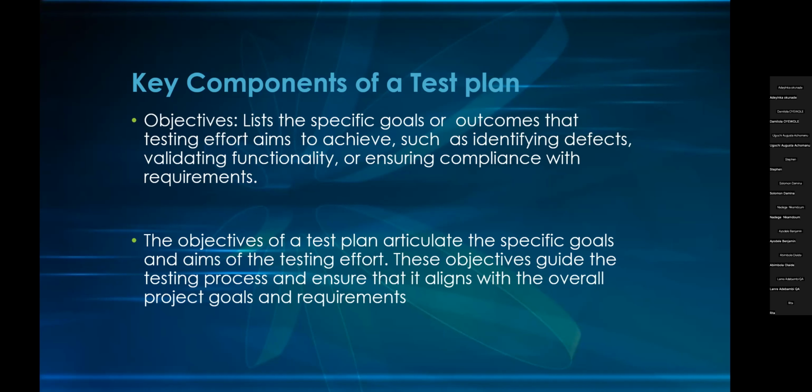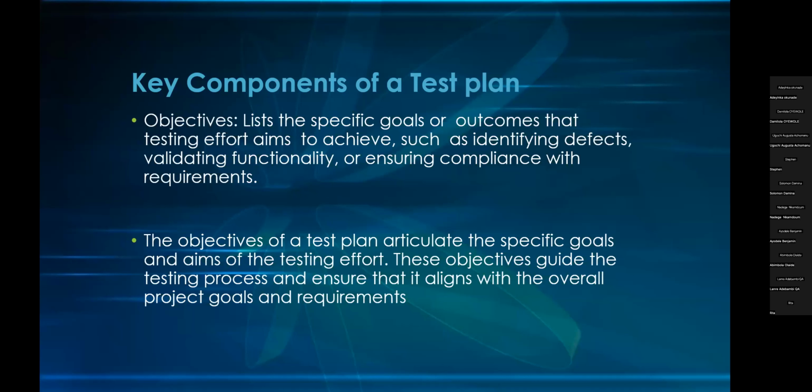We also have ensuring reliability, and we have mitigating risk. Identifying and addressing potential risks and vulnerabilities comes under your objectives as well. So that's your aim. Like I said, you list the specific goals. I think I've listed four.